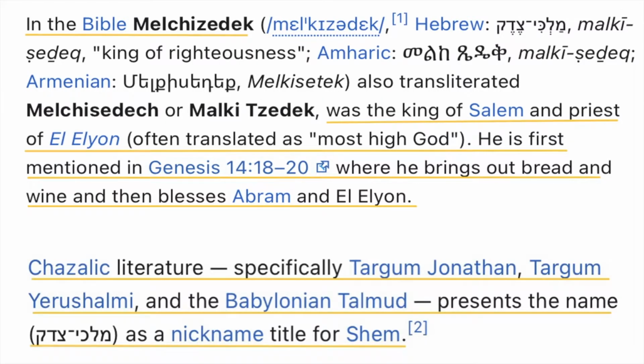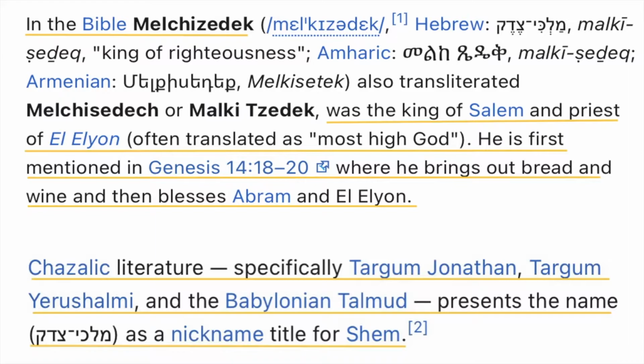In the Bible, Melchizedek was the king of Salem and priest of El Elyon, often translated as Most High God. He is first mentioned in Genesis chapter 14, verse 18 through 20, where he brings out bread and wine and then blesses Abram and El Elyon.